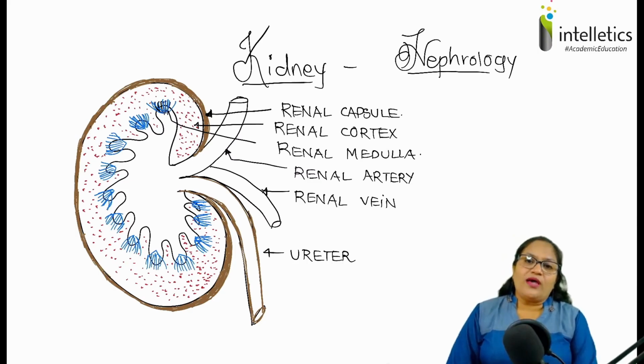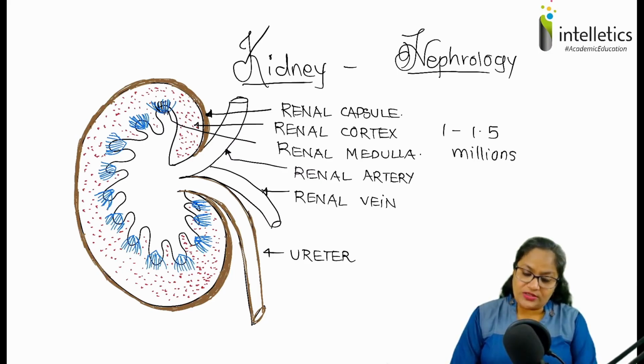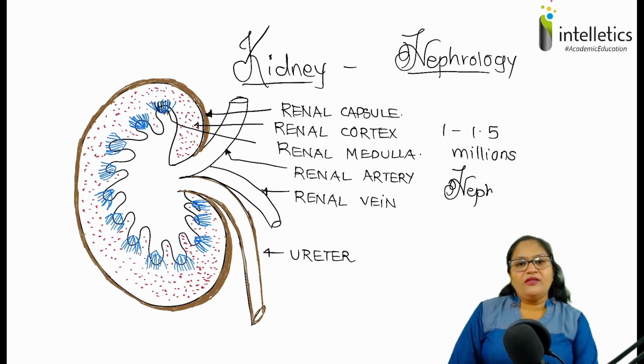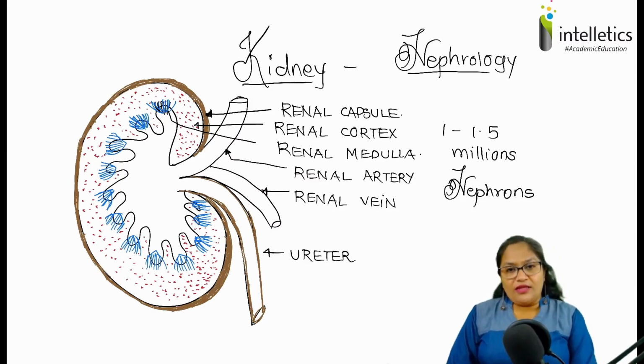Now, what are kidneys made up of? Each kidney is made up of around 1 to 1.5 million specialized units called nephrons. In other words, we can say that the nephrons are the structural and the functional units of the kidneys.